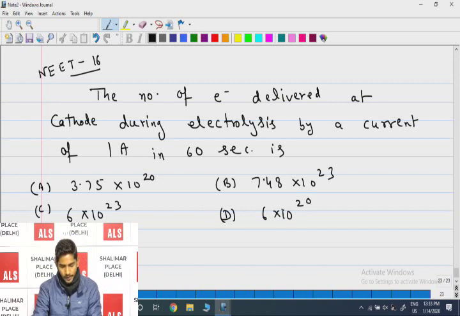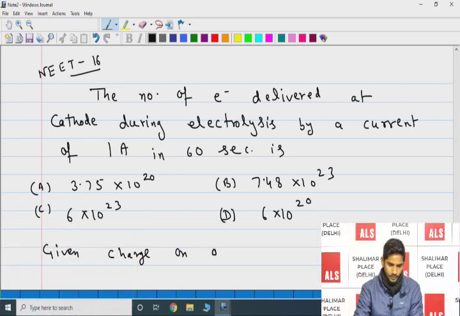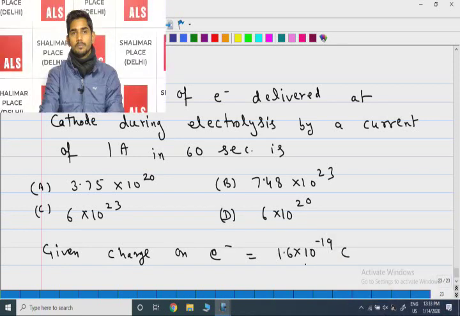Okay, and charge on one electron is given to you: 1.6 into 10 to the power minus 19 coulombs. Please solve this question.